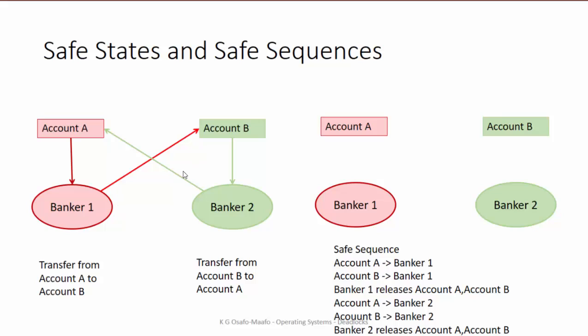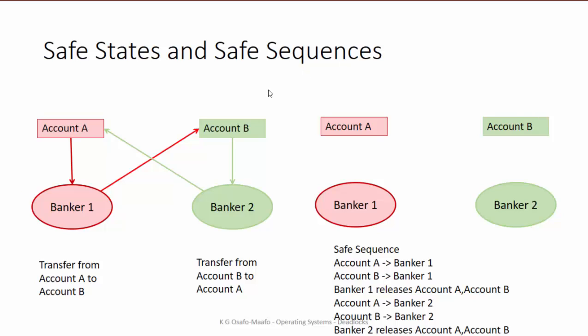So starting from the initial state where banker 1, banker 2 are there, it is possible to have a set of safe sequences. So for example, account A can go to banker 1, account B goes to banker 2, banker 1 uses them, releases A and B, and then banker 2 takes account A, takes account B, and then releases them. That is the safe sequence.